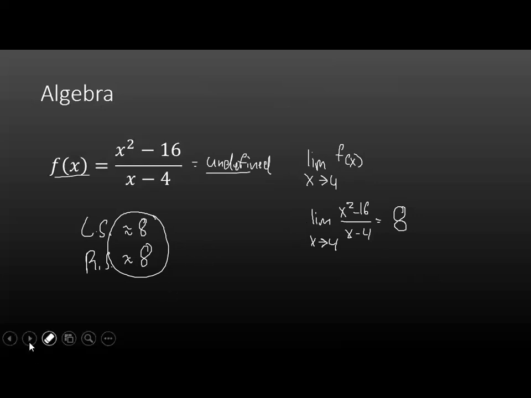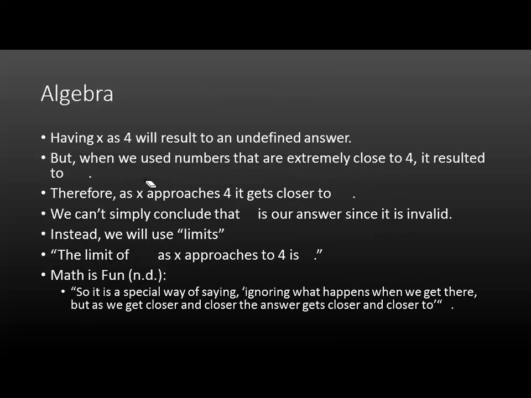So let me explain it on the other side. Having x as 4 will result in an undefined answer. But if we use numbers that are extremely close to 4, it resulted in approximately 8. Okay?